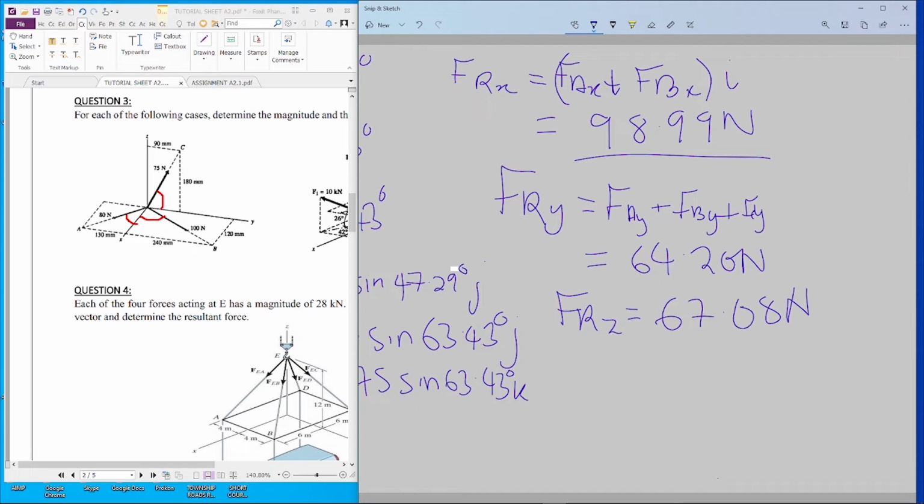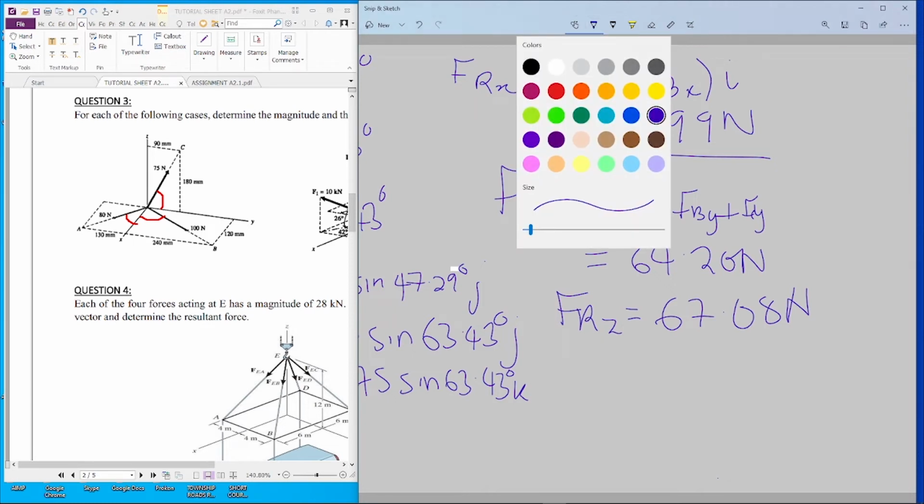Okay, we see already now that we'll have our F in Cartesian vector form.